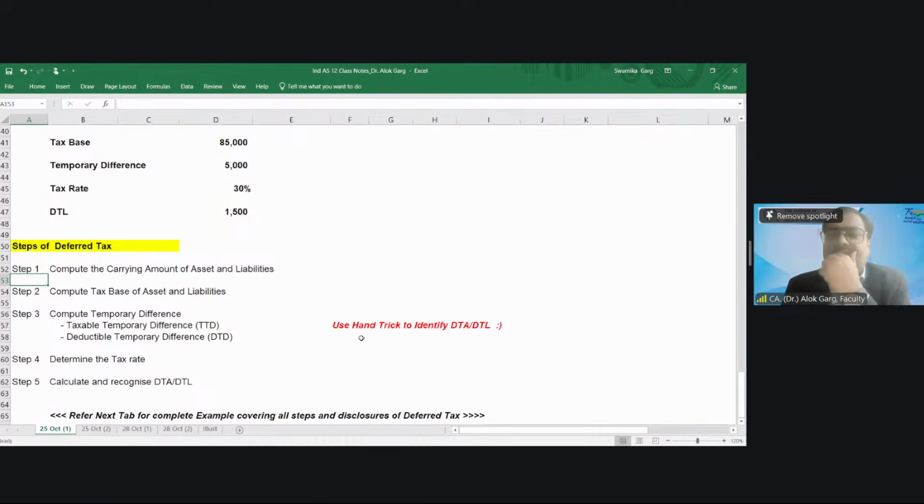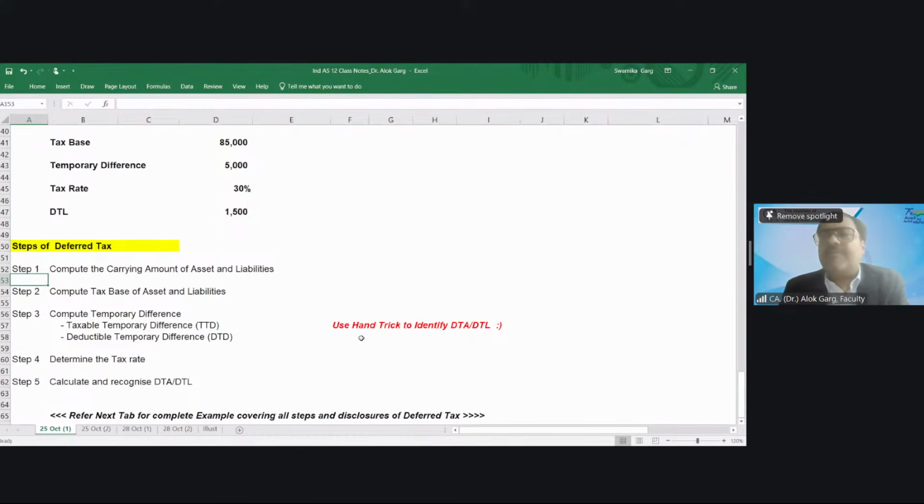Okay. And see what question came. In your ACCA examination, ACCA London examination, a question came, right? The question was on investment property.